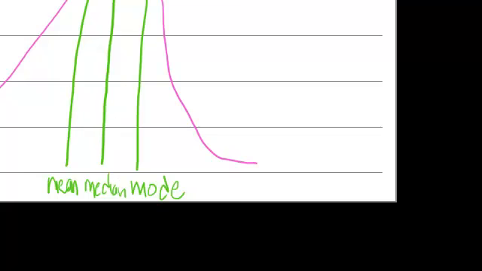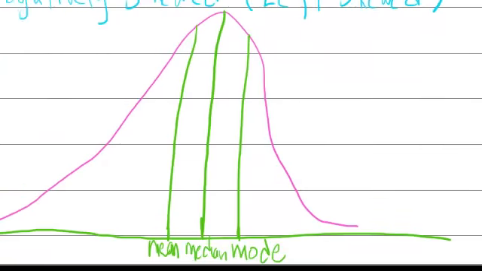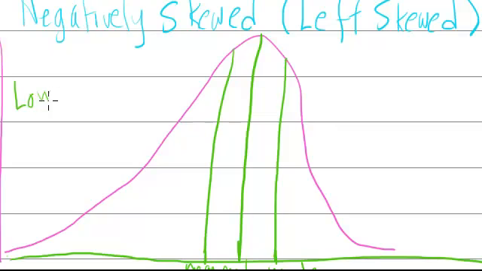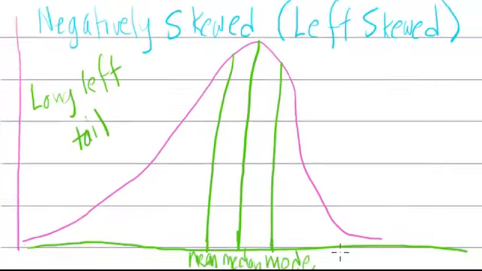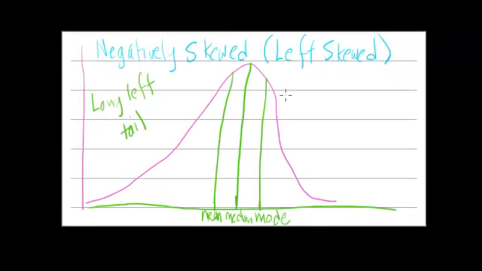And of course we have a horizontal axis running here with our different values on that, and this being our mean value, our median value of our data set, and what our mode was for our data set. Okay, so negatively skewed, a long left tail. Let me write that, long left tail if it's negatively skewed.